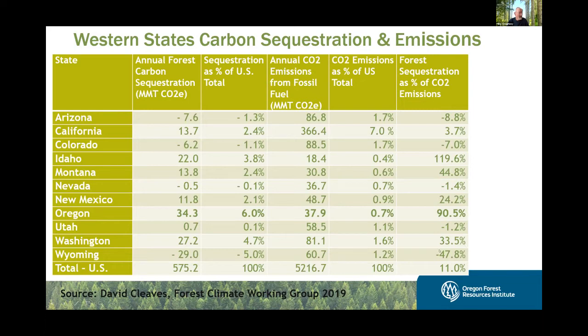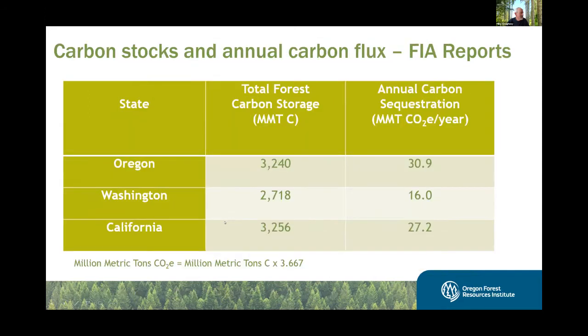Several of these states are negative, and these are particularly Western states that have huge forest fires and lots of forest health issues. They have emissions from their forests rather than sequestration. So this is the kind of thing we use as a background. As we look at this, FIA, as I said, we're summarizing the work they did in Oregon. They've also done studies recently in Washington and California, and you can kind of get a feel.